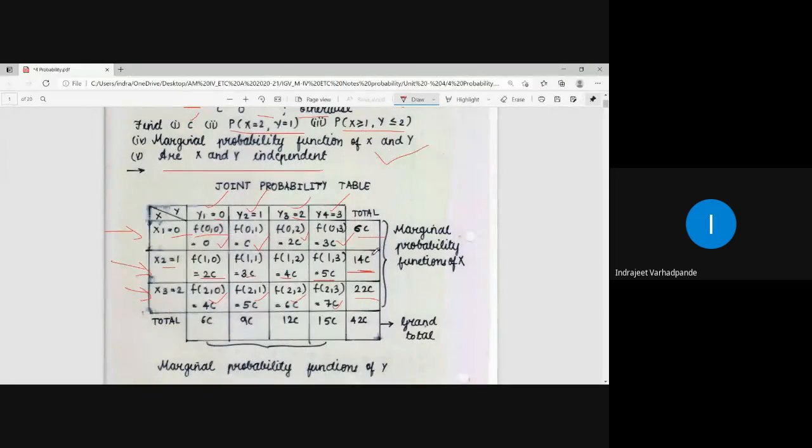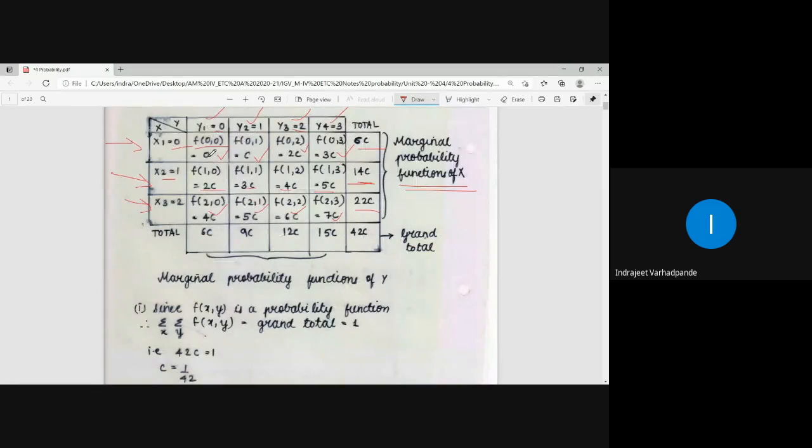So 6c, 14c, and 22c are the sums of the entries in the rows, and these are called the marginal probability function of x. Similarly, the addition of the column: 0 plus 2c plus 4c is 6c, then 9c, 12c, 15c. These are identified as the marginal probability function of y.